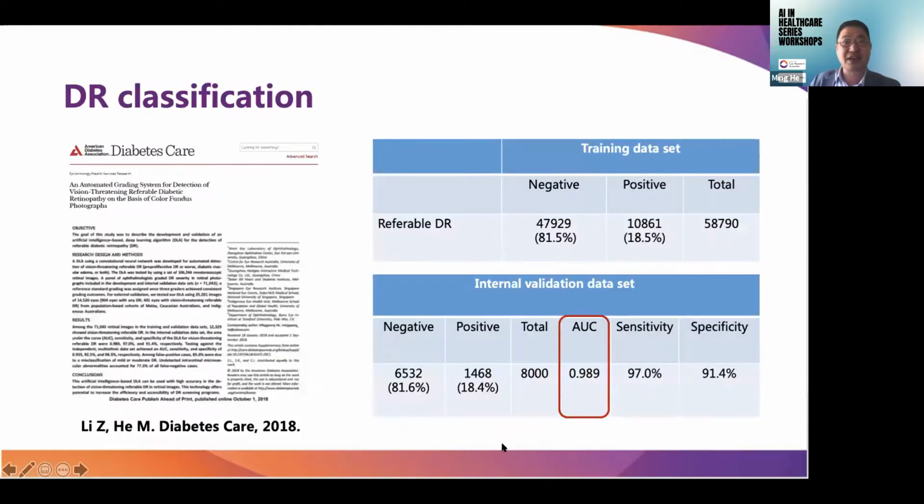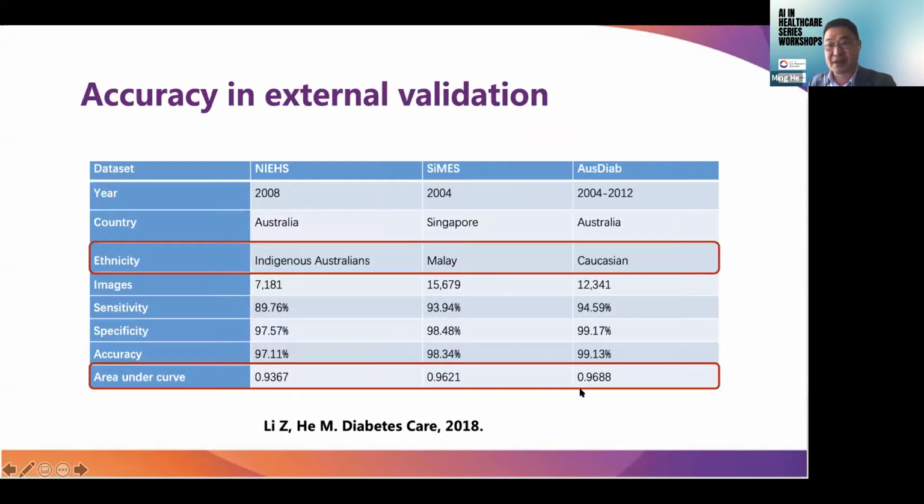Then we published the accuracy of the algorithm on differentiating diabetic retinopathy in diabetic care. In this particular work, we used around 60,000 images in the training set and completed internal validation on around 8,000 images. We proved the AUC is very good. More importantly, we proved the algorithm is generalizable.